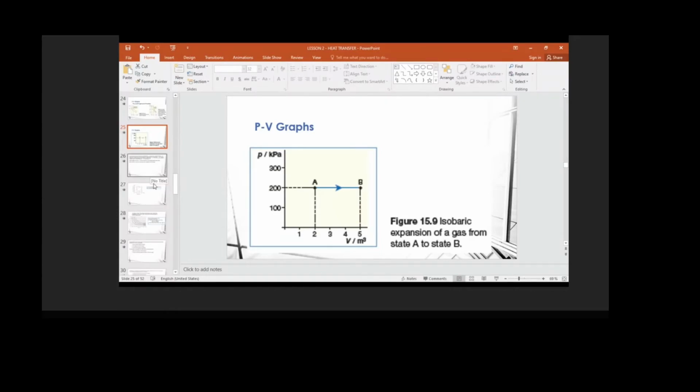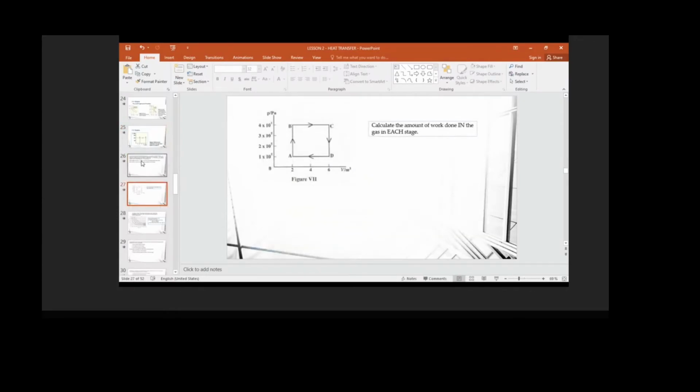In that case, if we look at this one here, the sides CD and AB are isovolumetric, because in those two processes in the cycle, the volume remains the same. From A to B, the volume is the same at 2, and from C to D, the volume is still just 6. So the volume does not change, but the pressure changes. And again, that's caused by the temperature changing.